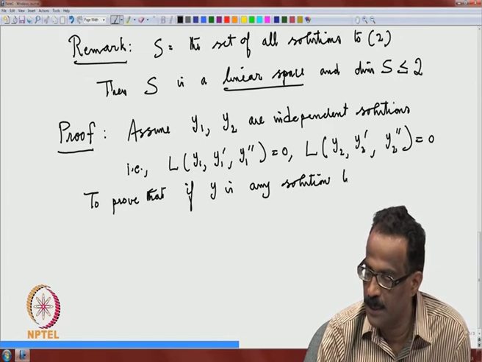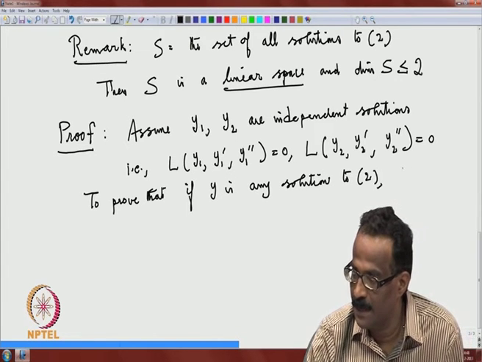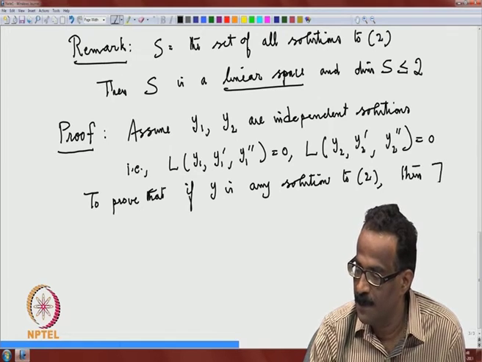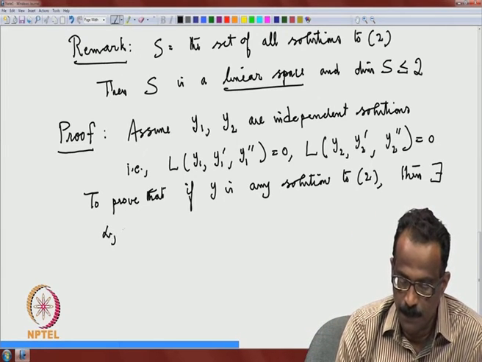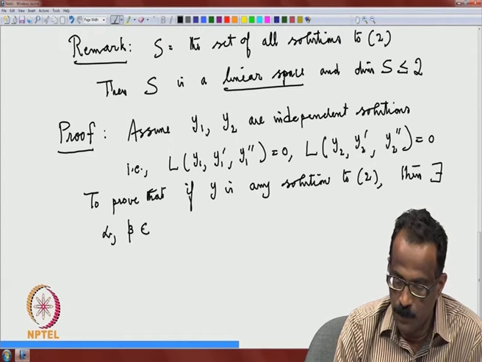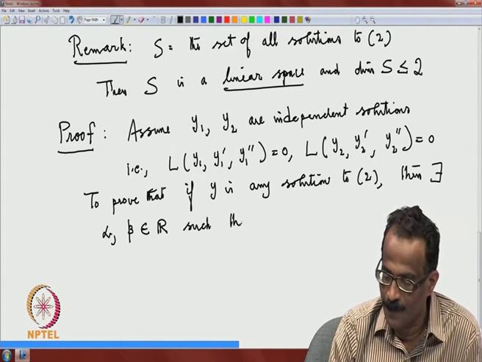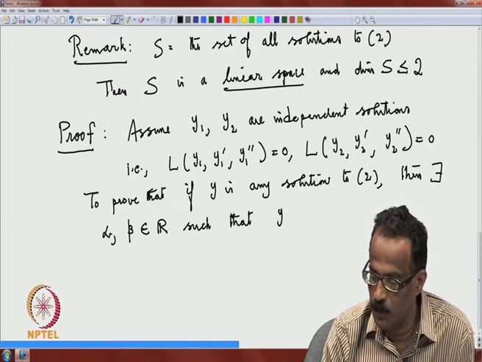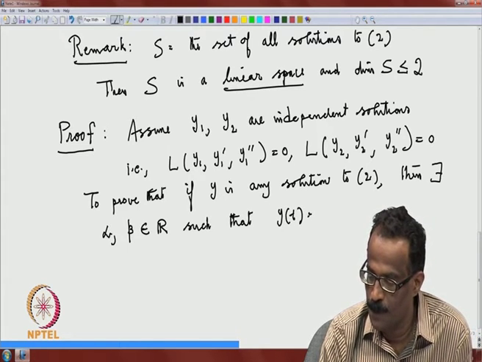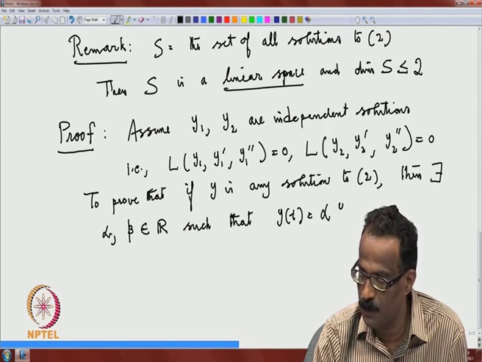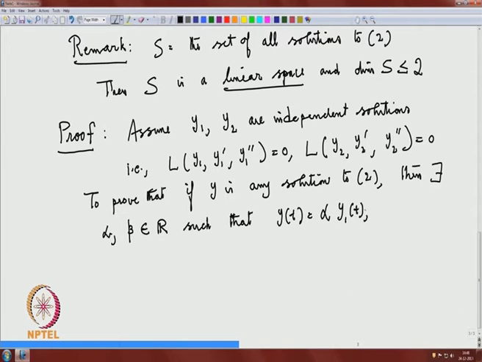to the homogeneous equation 2, then there exist alpha, beta belonging to R such that y of t is equal to alpha, a constant, times y1 of t plus beta times y2 of t for all t.